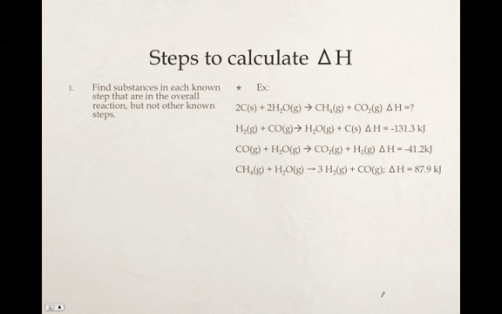So now, how do we calculate the delta H of this overall reaction? Well, the first thing you want to do is, in each step, find the substances that are in the overall reaction but not in the other known steps. So in our first step, we have hydrogen gas. Hydrogen gas is not in our overall reaction, so that's not one of the substances we're looking for. We have carbon monoxide.